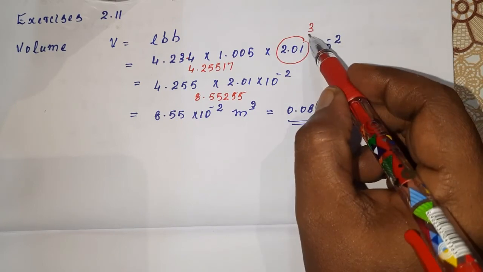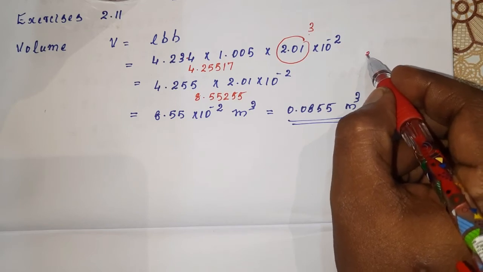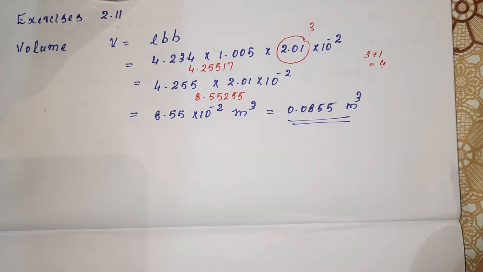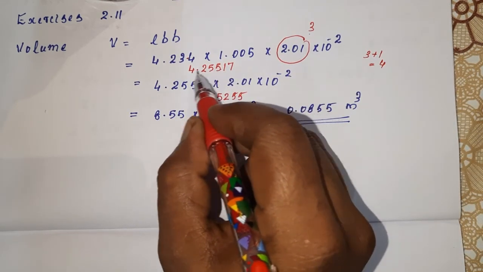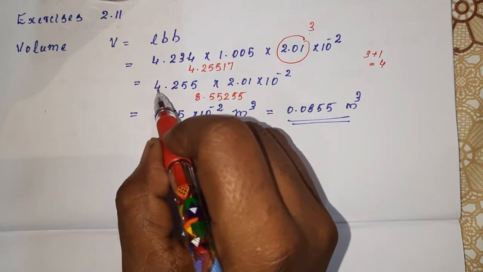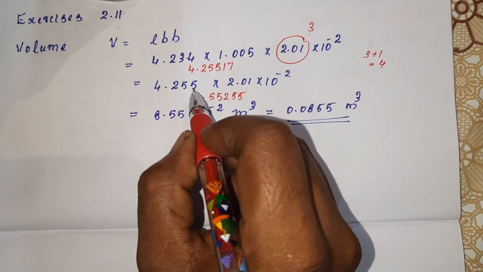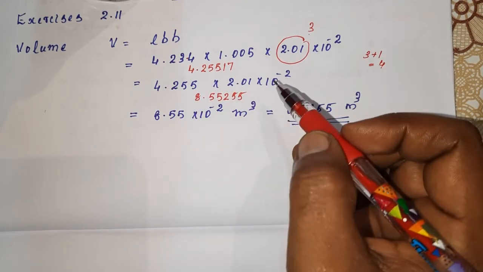In the intermediate step, how much do we need to retain? 3 plus 1, that is 4. That is the rule which we discussed in the previous class. So this result you need to write only up to 4 significant figures. Rounding to 4 significant figures, you have 4.255 into 2.01 into 10 raised to minus 2.